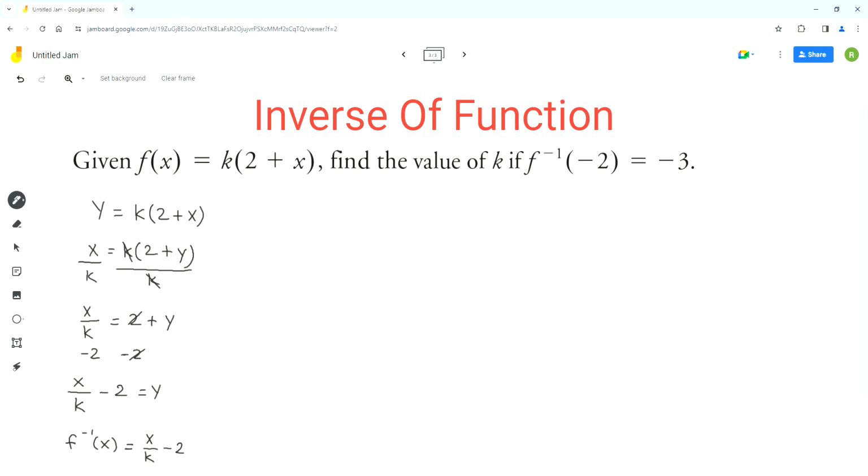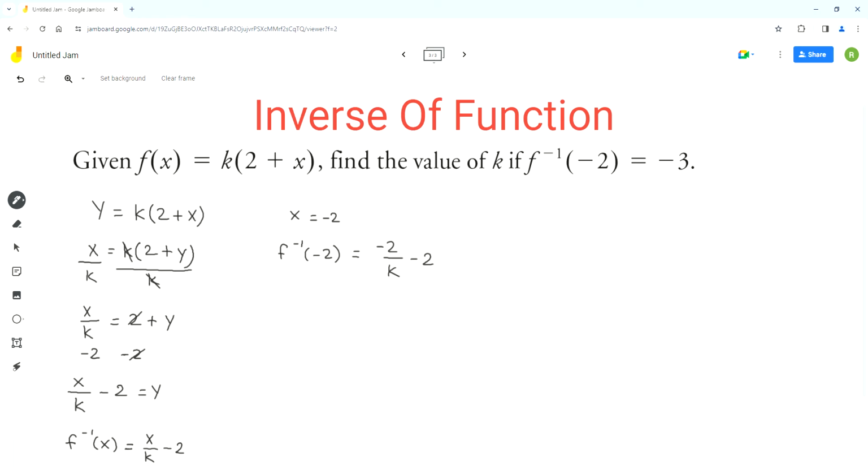Now we are given that f inverse of negative 2 is equal to negative 3. So now the next step is to sub in x as negative 2 in this inverse function. So we get f inverse of negative 2 equals negative 2 over k minus 2.